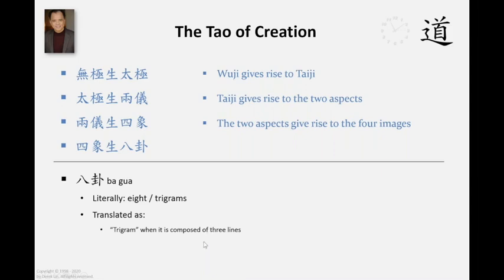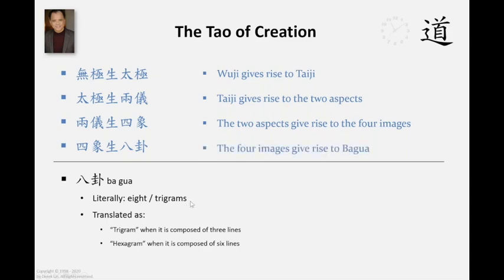In the I Ching context, it is no longer 8, it's 64, and it's translated as hexagram because in I Ching, it is composed of 6 lines, some all the way through, some broken in the middle.